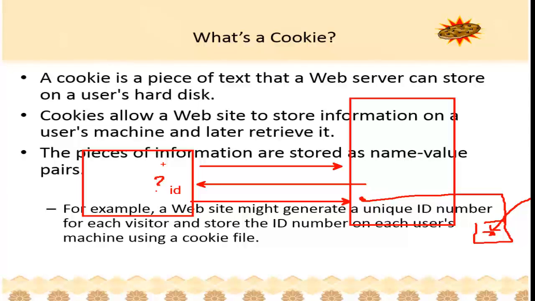However, if you feel like saving some space on the server, you can ask the client to store this information and send it back whenever they are coming back. So what is the meaning of it? Instead of just storing the ID, you can ask the client to store the name of the person, their email, and so on and so forth.